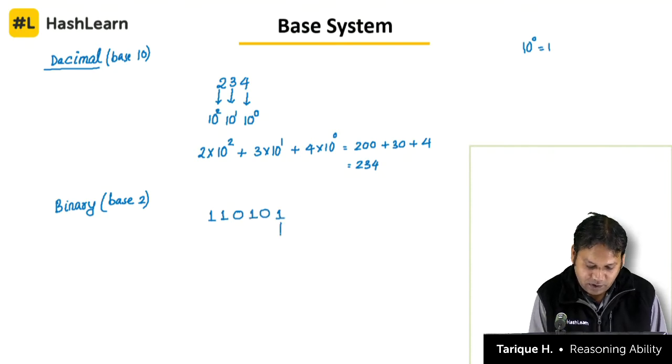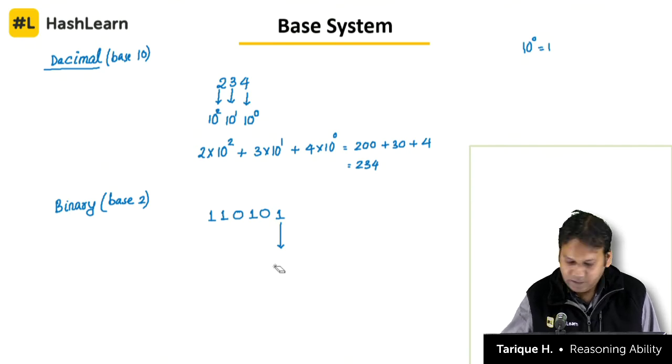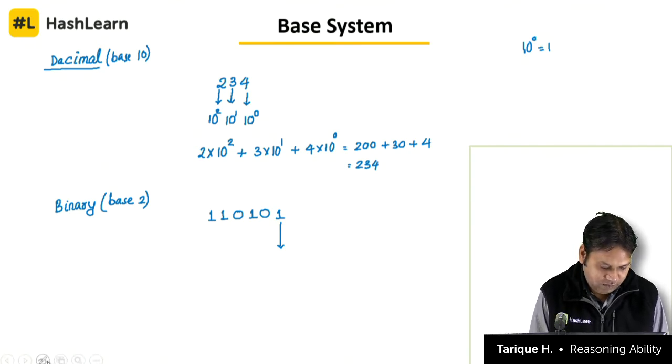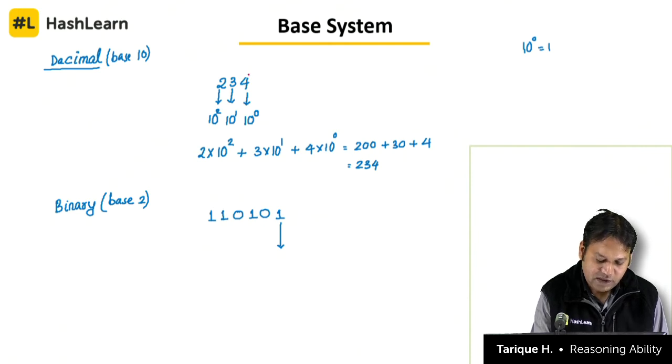Now please understand, the first number in 234 had a position value of 10 power 0, right? What is the power here? 0, and the base 10.